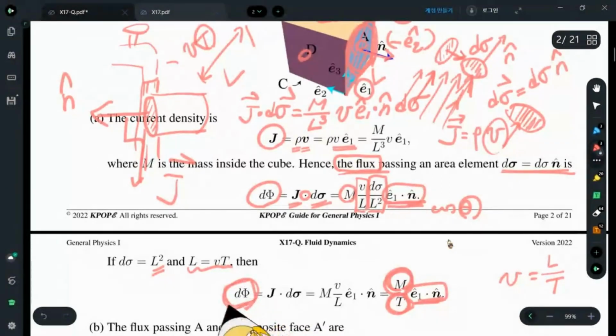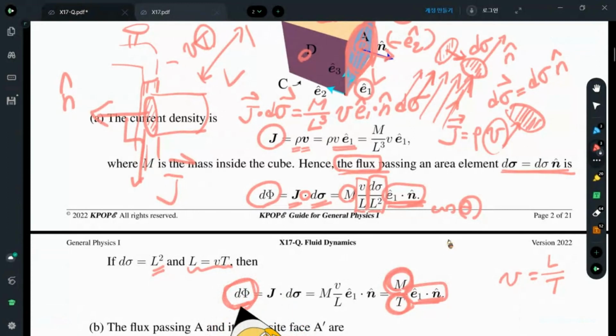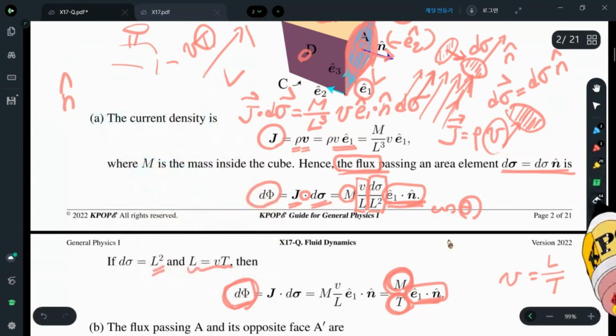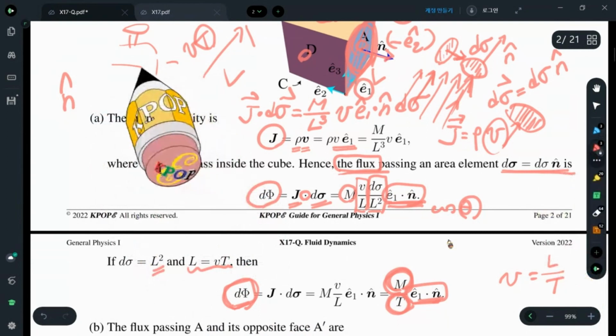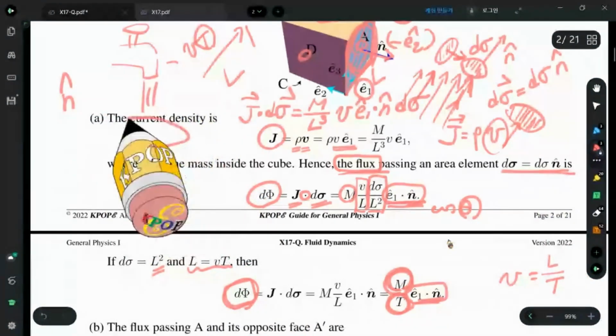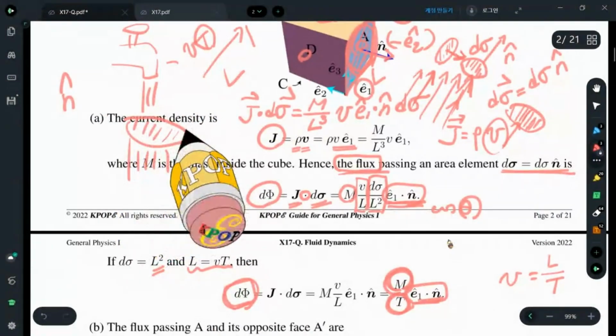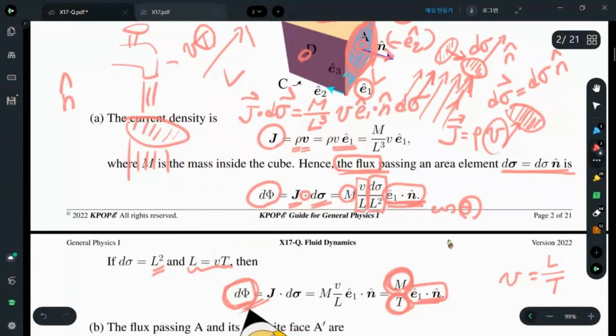The scale of this flux is mass per time. How much water passes through this cross-sectional area per unit time. So this flux indicates that amount.